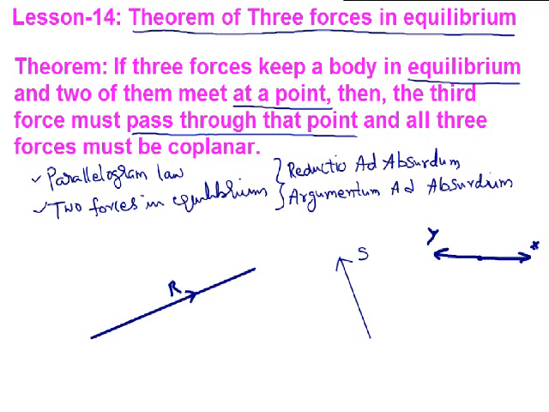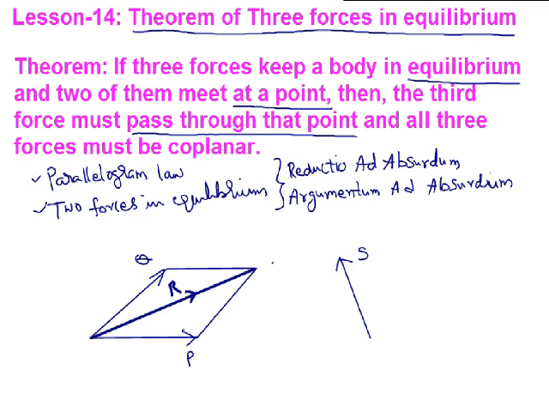So the only thing we can conclude is that our original assumption, that P and Q meet at a point and S does not pass through it, is incorrect. So S also must pass through this point. You should have S acting somewhat here. This direction of S is incorrect, and S also passes through this point.